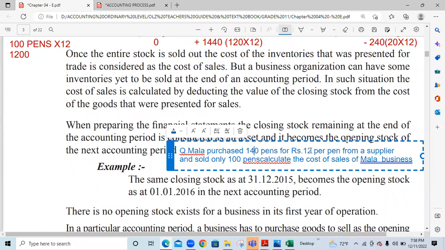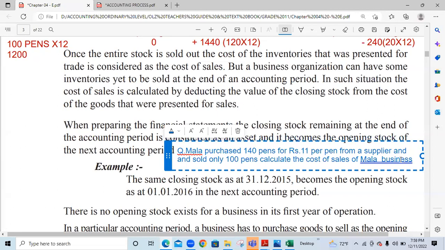For 140 pens at 11 rupees, let's say, per pen from a supplier, and sold only 100 pens.